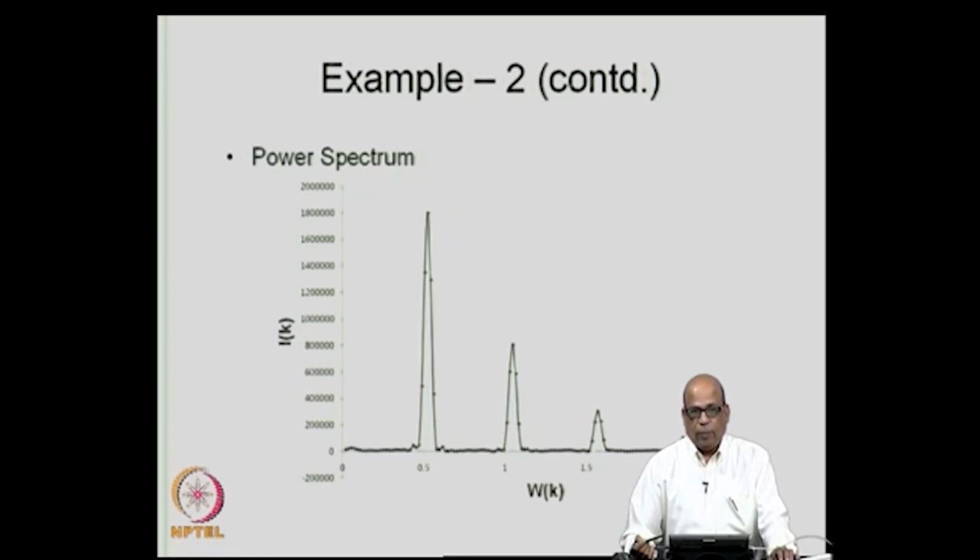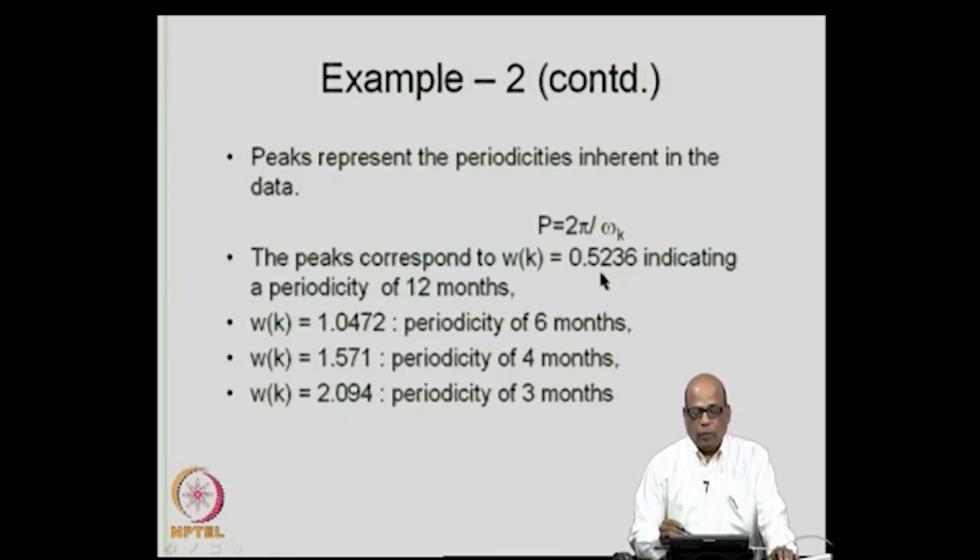And the corresponding periodicity p is simply 2 pi by omega k, where that omega k is the value corresponding to this particular peak. So, for 0.5236, the periodicity will be 2 pi by omega k, which corresponds to 12 months. This is a monthly time series. So, we directly get the periodicity as 12 months.